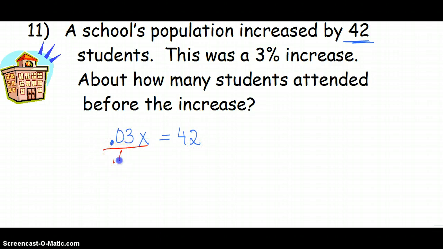Divide both sides by 0.03 because I'm looking for the number of students. And 42 divided by 0.03, I know that my school had 1,400 students.